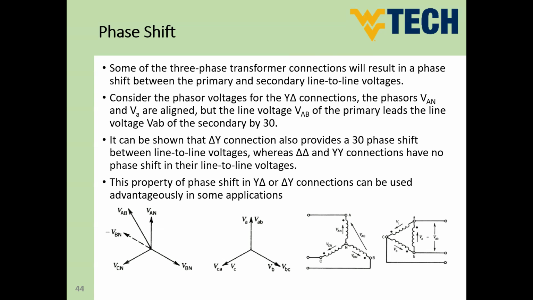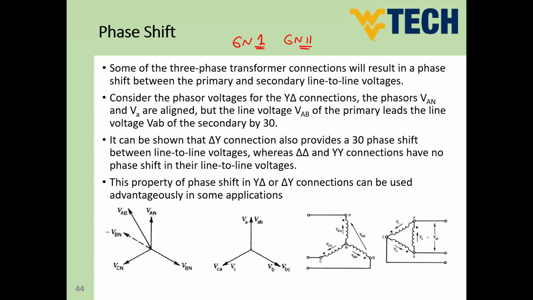So we have something called group number. The group numbers start from group number 1 to group number 11. These group numbers are nothing but multiples of 30 degrees. So you can have a lot of phase shifts between primary and secondary.